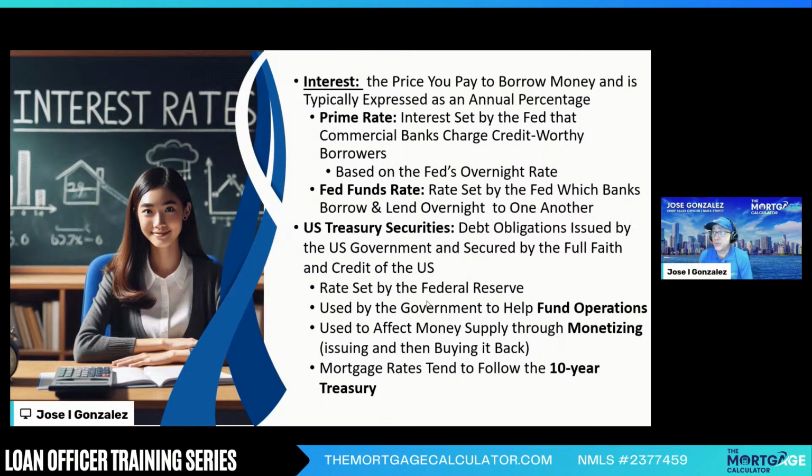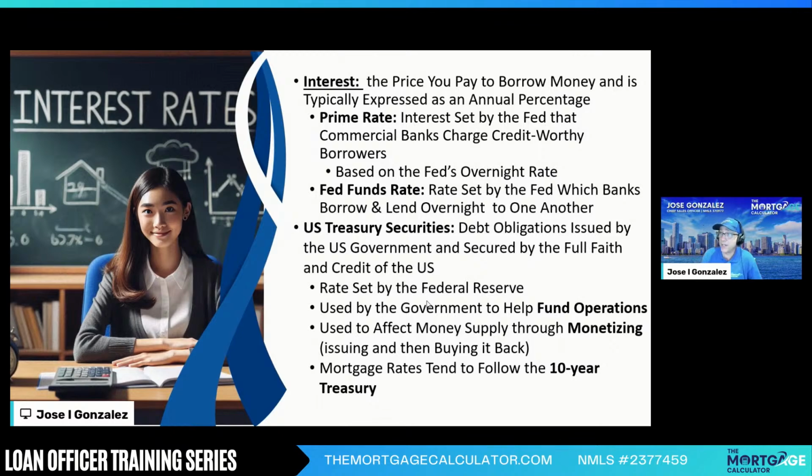That is the interest rate set by the Fed that commercial banks charge creditworthy borrowers. So that's the prime rate. That's the one that lines of credit, HELOCs for example, like to tie their rate to. It is also based on the Fed funds overnight rate plus a margin.